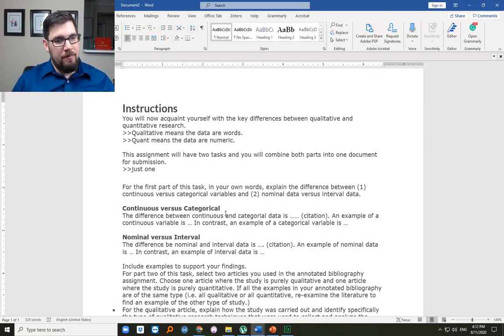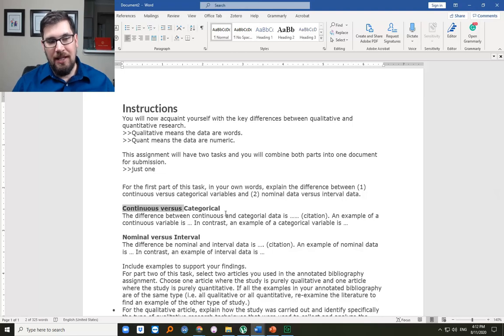So you'll need to look at your resources to be certain about what these differences are. If you fail to do that, you won't be able to explain the difference. Generally, continuous variables tend to be numeric and have more than 4, generally 4 or more, values.